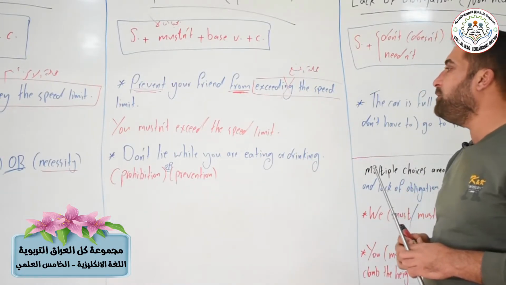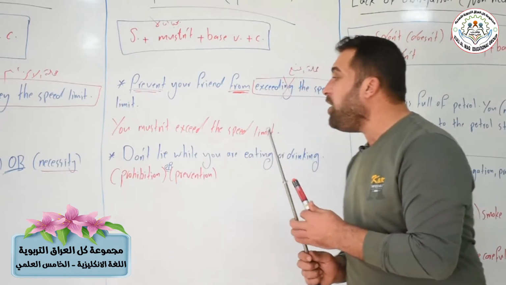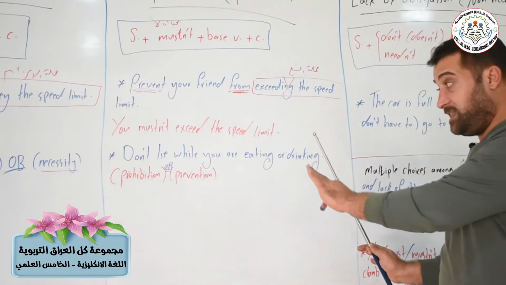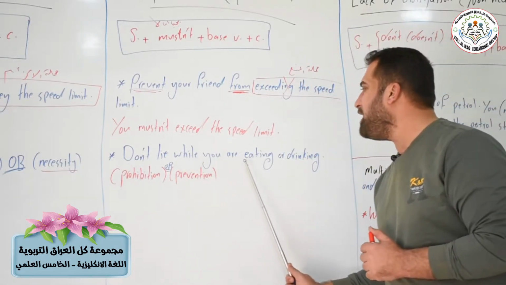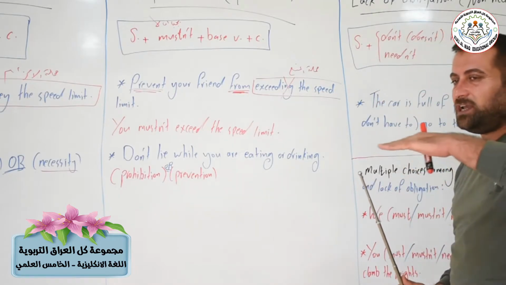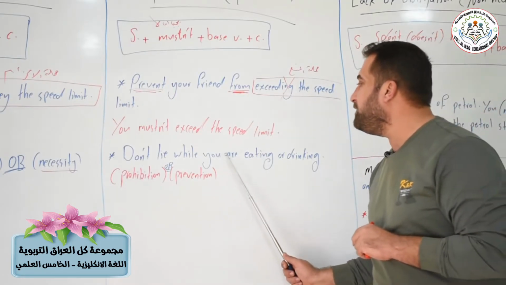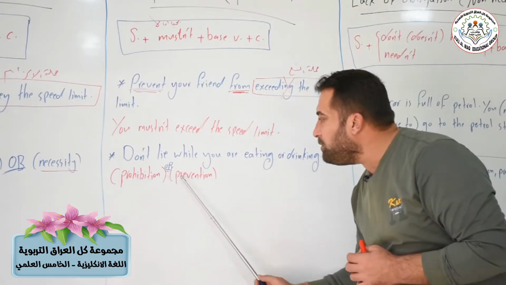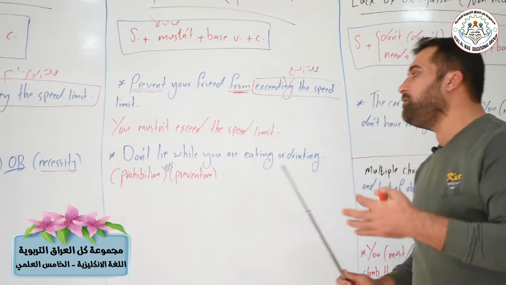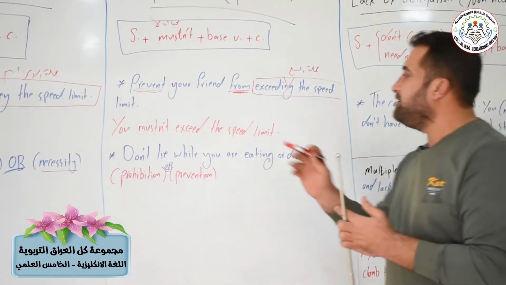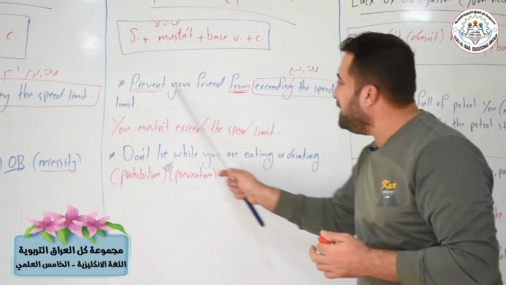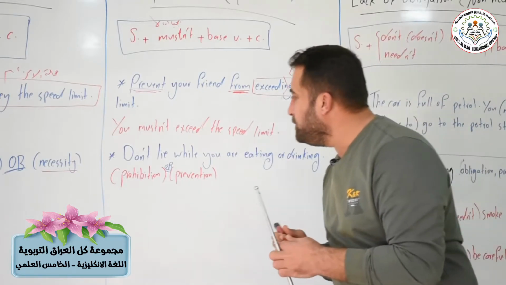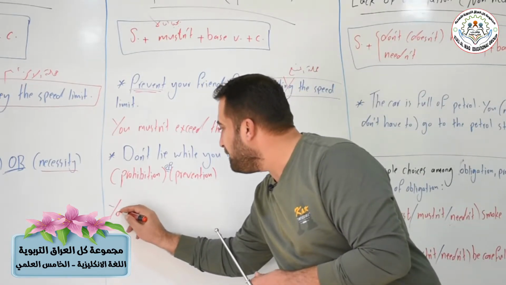The second form of prohibition or prevention is "don't", as in this sentence: Don't lie while you are eating or drinking. Do not lie down while you are eating or drinking. As we did in the first sentence, you mustn't.